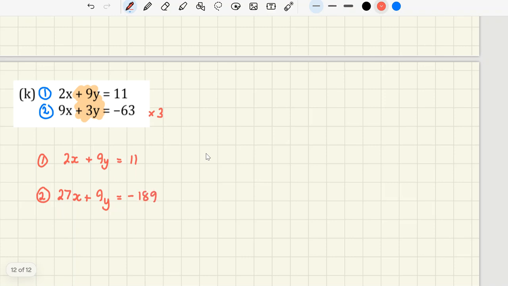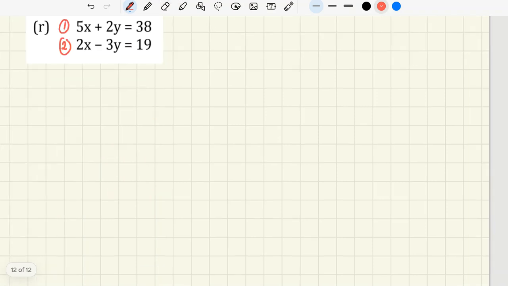Negative 189. For this one, guys, we've been focusing on the y's a lot, but let's do the x's. It doesn't matter what you choose, but I figured let's do it. So we are going to focus on making these x's the same.